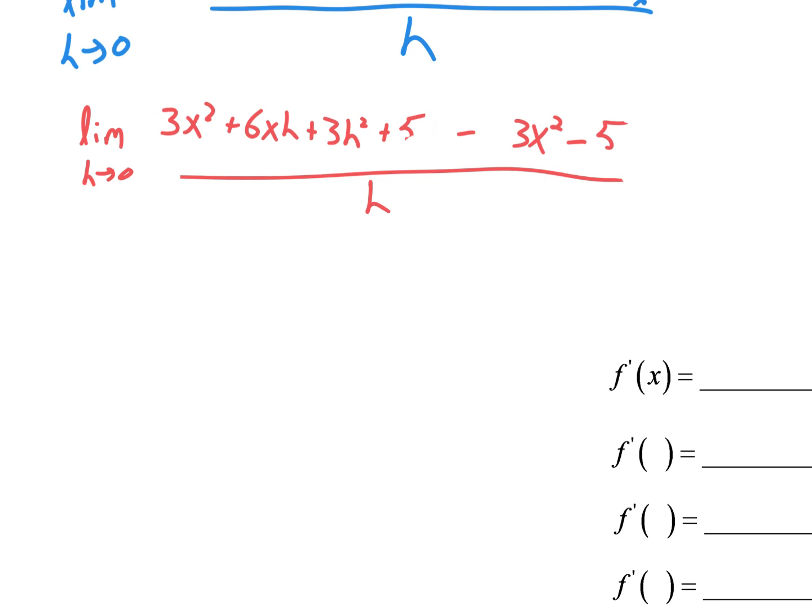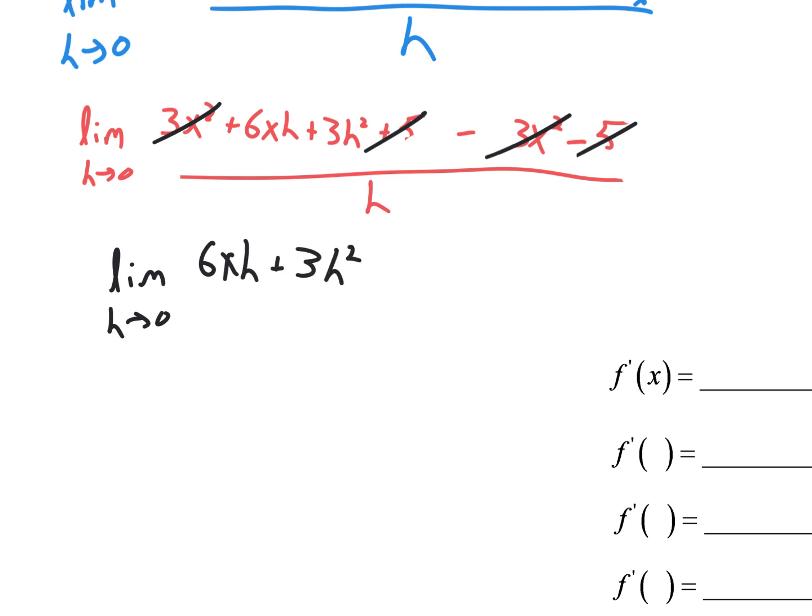All right, let's see what cancels out. 3x squared's goodbye. 5's adios. So now I'm left with the limit as h goes to 0 of 6xh plus 3h squared all over h.